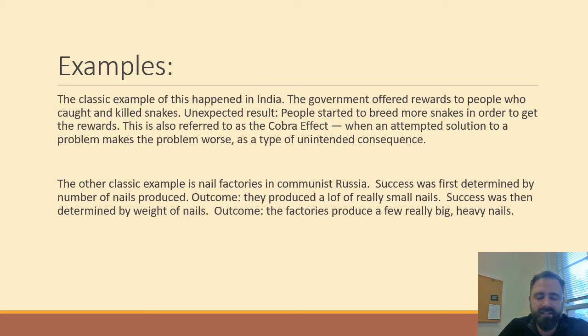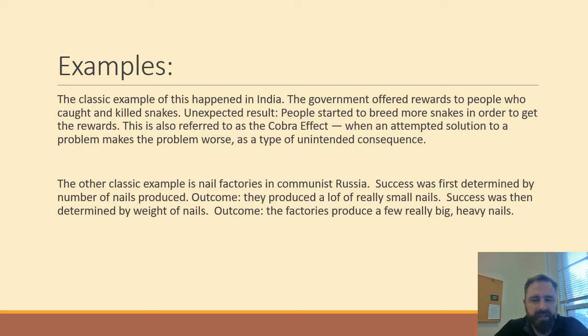So one classic example was in India. The government offered rewards to people who caught and killed snakes. The unexpected result: people started to breed more snakes in order to get the rewards. This is also referred to as the Cobra effect, when an attempted solution to a problem makes the problem worse as a type of unintended consequence. The other classic example is nail factories in communist Russia.